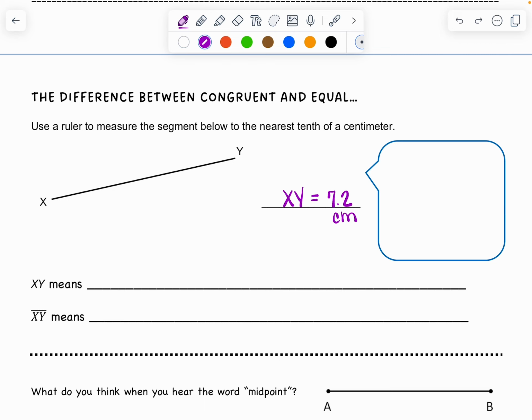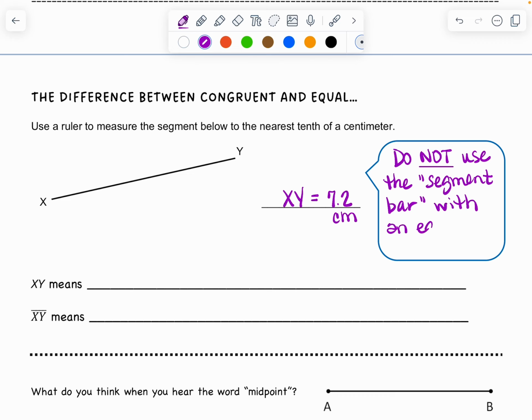If we're using the equal sign, we do not use the segment bar.